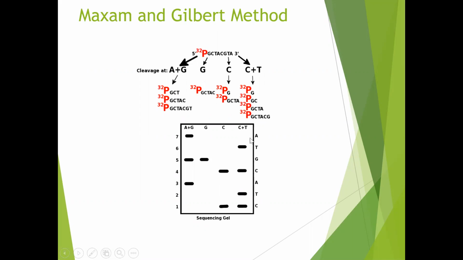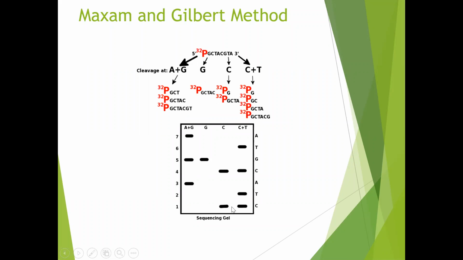Once the bands are formed, since these are radioactively labeled fragments, you can detect them by autoradiography. And you all know that in polyacrylamide gel electrophoresis, the shortest fragment will travel the greatest distance. That means the bottommost fragment will be the shortest fragment.